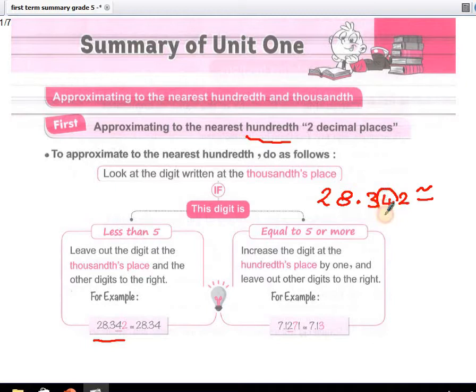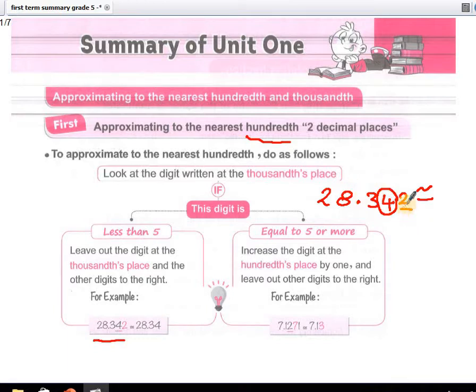So I'm gonna make a circle around hundreds, and I will underline the number before it. Here, the number, and then I'm looking at this number. This number is weak or strong. If it is less than 5, it will be weak, so it will not change anything. And if it is more than 5, it will be strong, and it will add 1 more to this number.